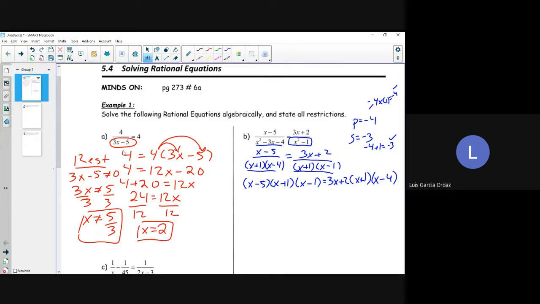What would our restrictions be for example B? X cannot equal -1, 4, and 1. So that would be our restrictions. We can also do it at the end, right? Yeah, it doesn't matter.